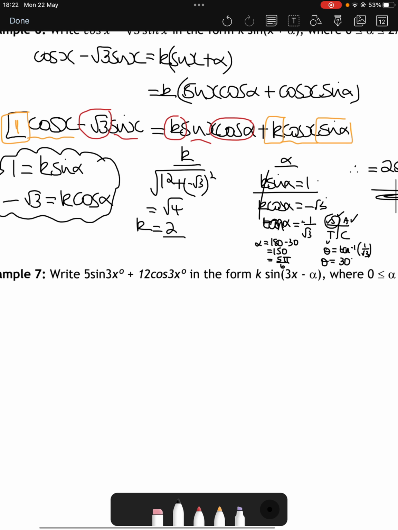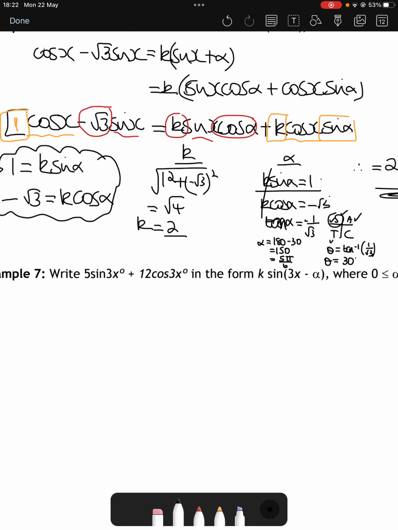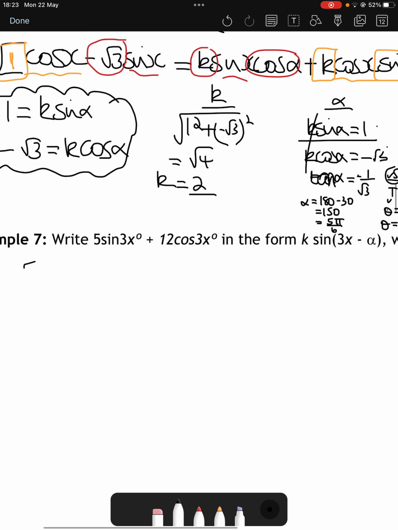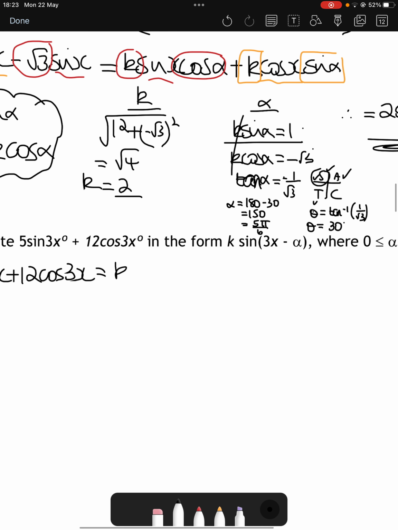Right, final one on this page. Now you can see this one has got a 3x in it, don't get put off. Okay, it's actually very, very similar to the rest of it. So we're going to churn it out. So you can see your 3x's match in here.